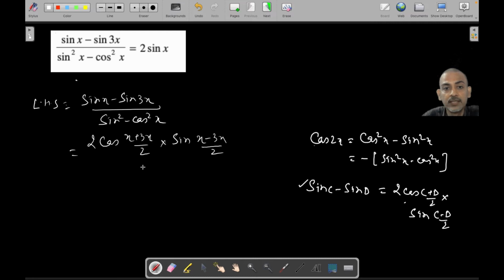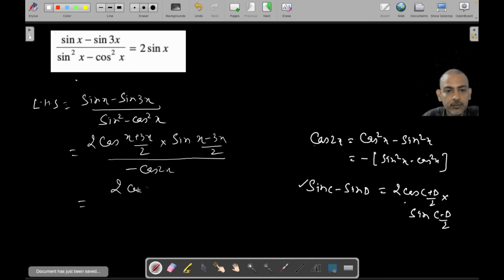Alright. And the bottom side we will be getting, this is nothing but minus of cos 2x, the denominator. So the top part will become 2 of cos of 2x into sin of minus of x, and here it will be minus of cos of 2x.